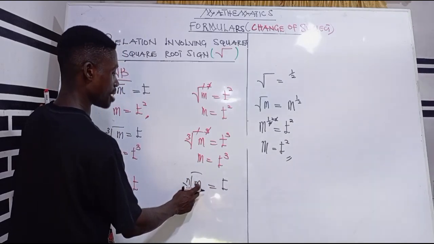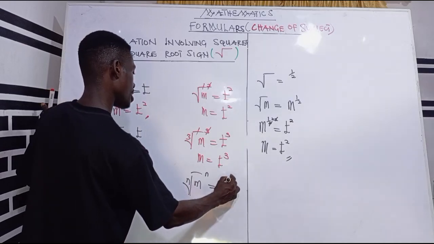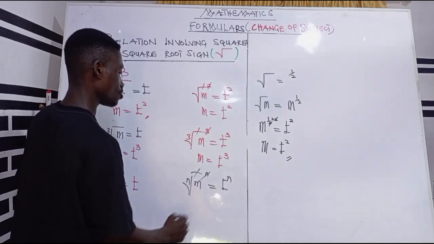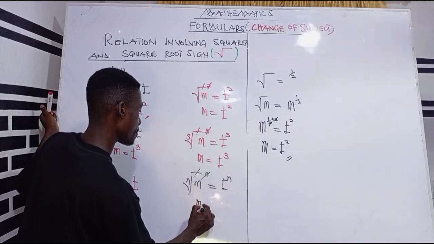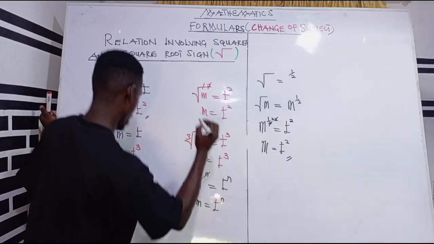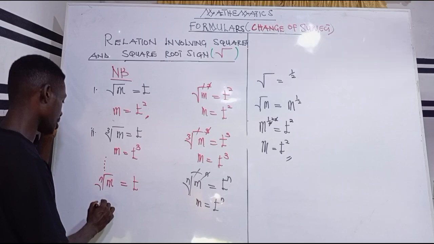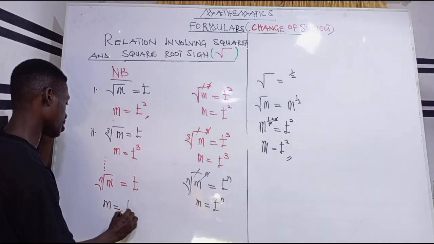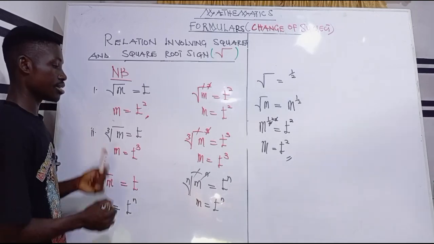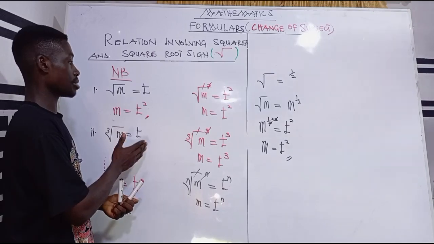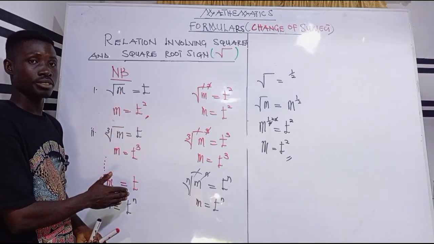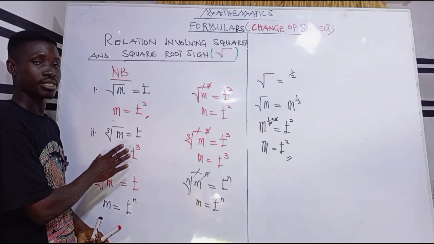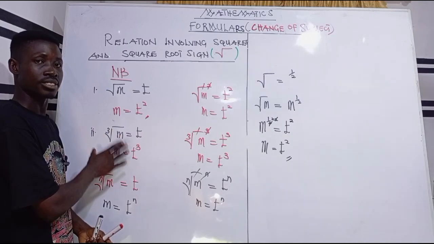We raise it to the power n, so that n will cancel the nth root. We are left with m is equal to t power n. Very, very simple. So this is the concept I want to pass along. Kindly note it, write it somewhere, and then read through.